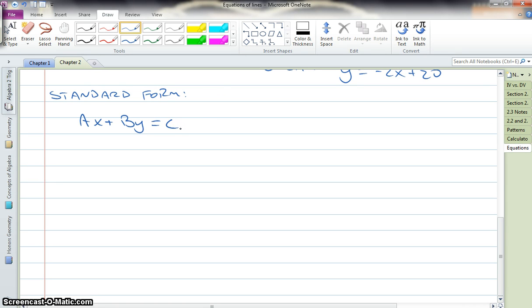All right, now again, the most important piece is a has to be greater than or equal to 0. All right, so it has to be a positive number. And we don't want it to be a fraction. It has to be a whole number. So in the event our lead coefficient is a fraction, we've got to fix it. So we're going to do 2 examples and then we're finished here.